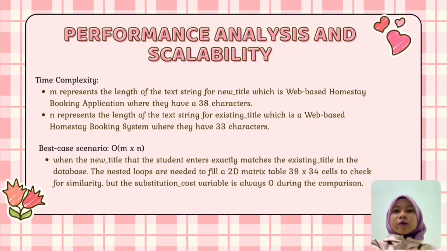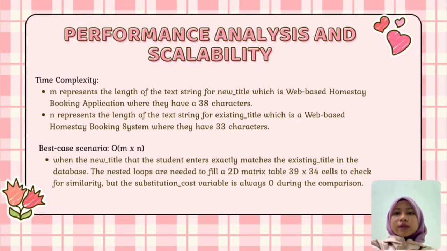For the time complexity, I use N to represent the length of the new title, which is 38 characters, and I use M to represent the length of the existing title, which is 33 characters.